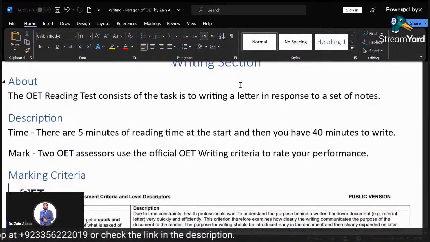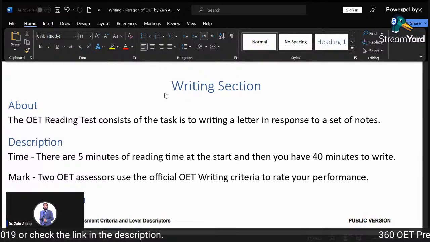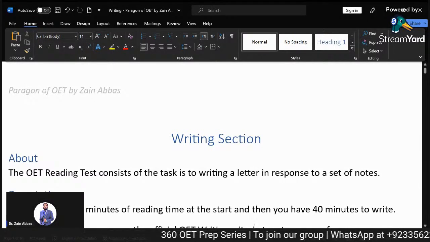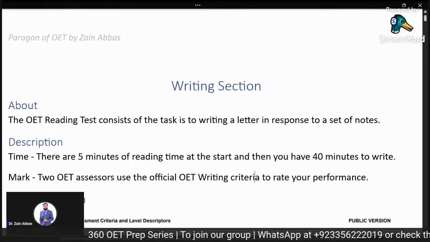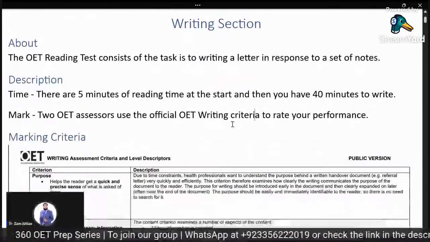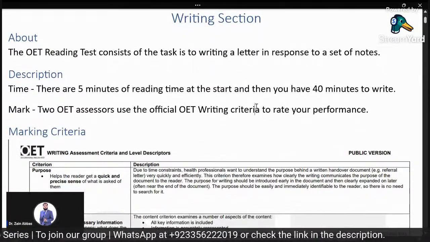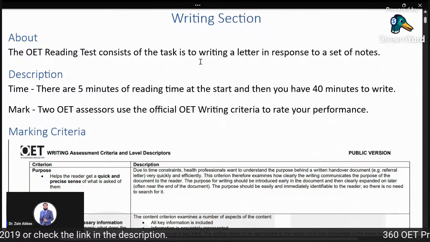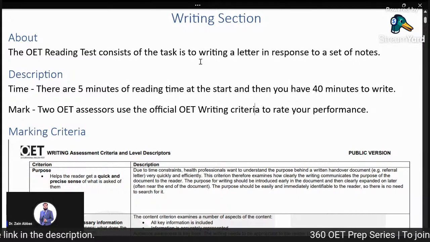So let's start with the first important format. Most of you are well aware of this format, and it's not a new thing for you. As you are aware, in the writing section there is a case note, and the task is to write a letter. It can be a discharge letter, a referral letter, or an urgent referral letter.